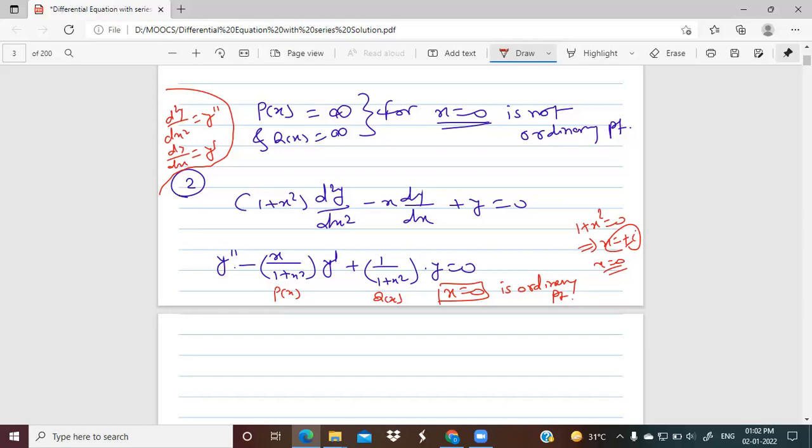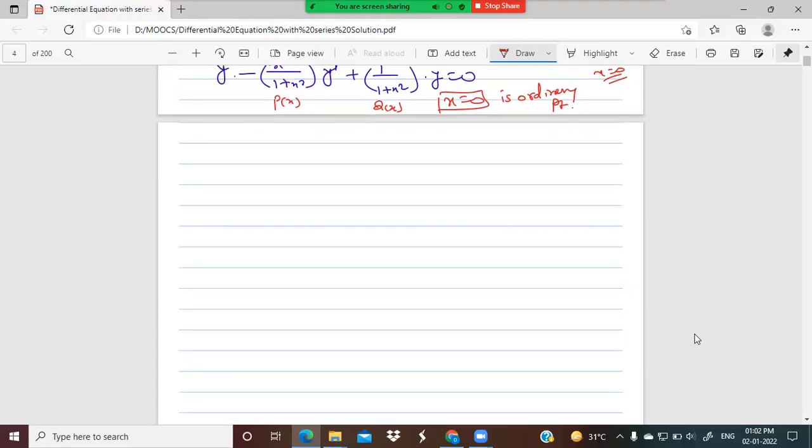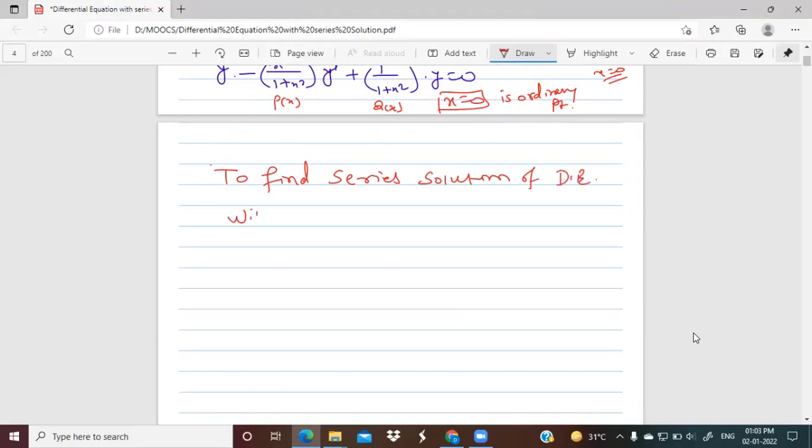Okay. Now, for any equation, if x equal to 0 is an ordinary point, then how do we find a solution of the differential equation with an ordinary point at x equal to 0?